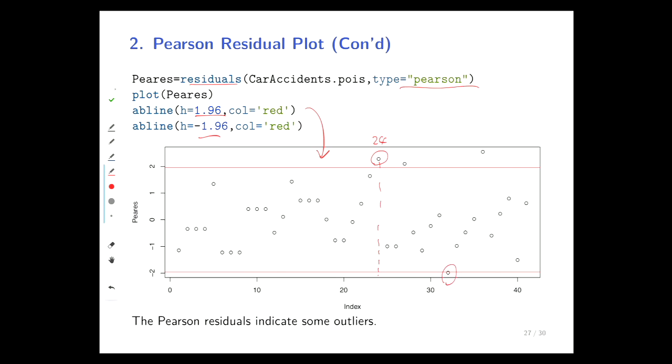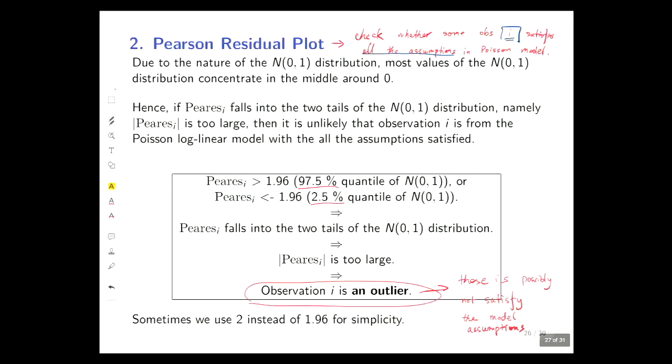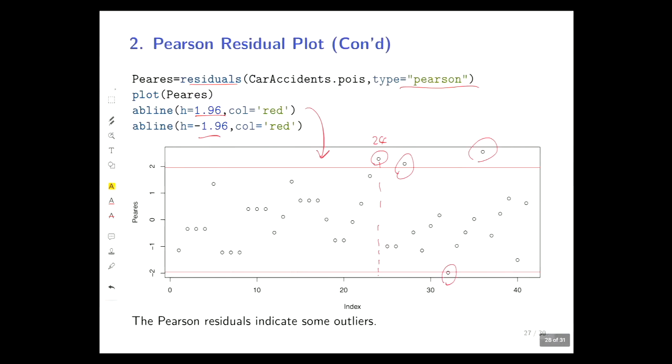So we have some outliers. So that means those observations may not satisfy the Poisson log linear regression assumptions. So that's how we use this Pearson residual plot to check whether or not some observations satisfy the assumptions in the Poisson model. And this is about the Pearson residual.